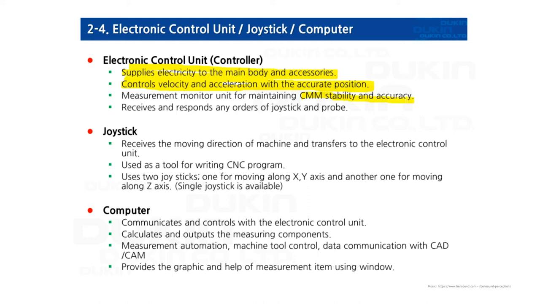And next, the joystick. Usually, a two-way joystick will be supplied. The right joystick is for X and Y direction, and the left one is for the Z direction. And you can also get various information from the LCD attached to it. If there are any problems or errors on the machine, a message will appear on the LCD.